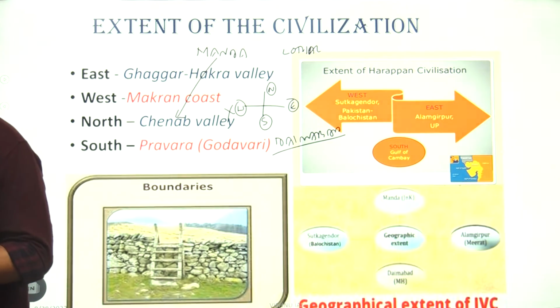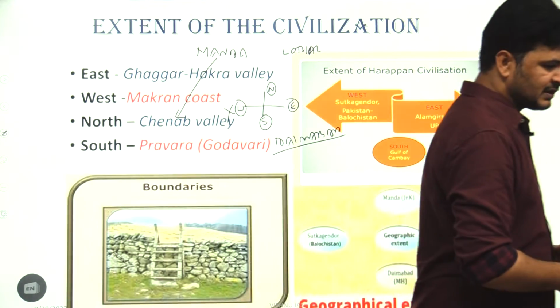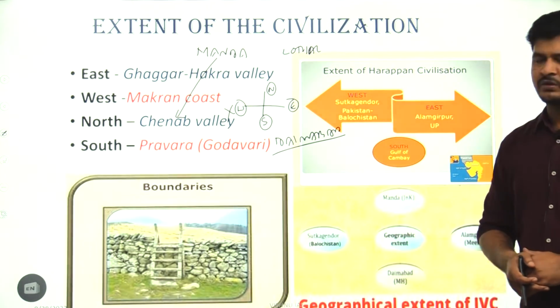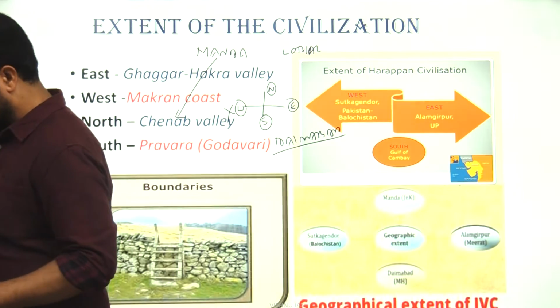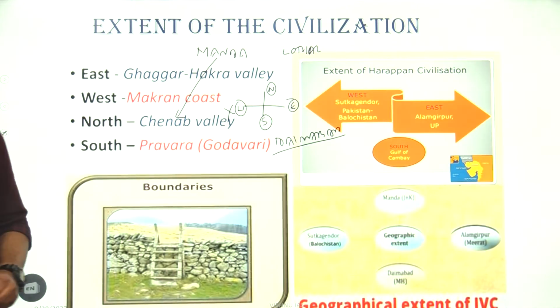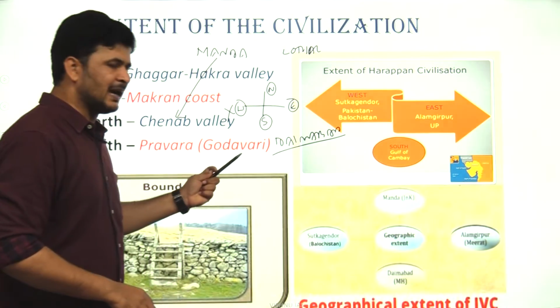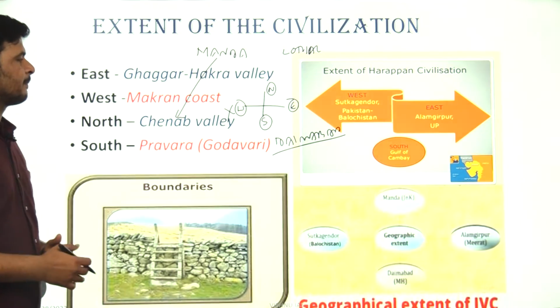The modern location of Manda comes in Kashmir. Now come down to the south, the southern boundary, that is Daimabad, located on the banks of river Pravara, one of the tributaries of river Godavari.